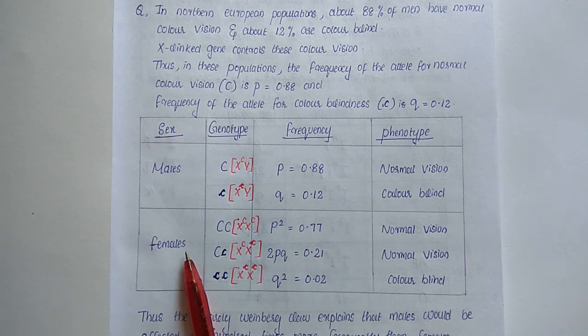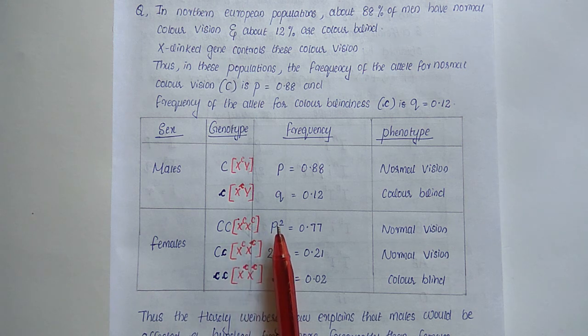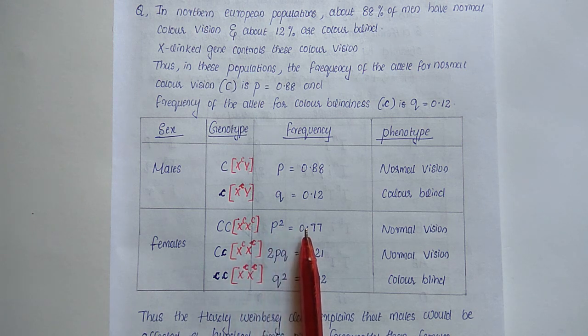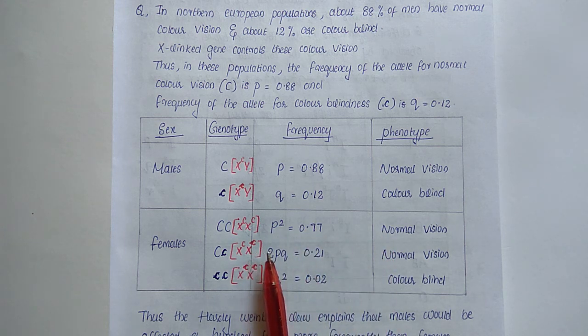But in the case of females, two X chromosomes are present. If both carry the dominant allele, the homozygous dominant condition, the frequency is p squared, that is 0.77, with normal vision. In the heterozygous condition, the frequency is 2pq, that is 0.21, with normal vision.